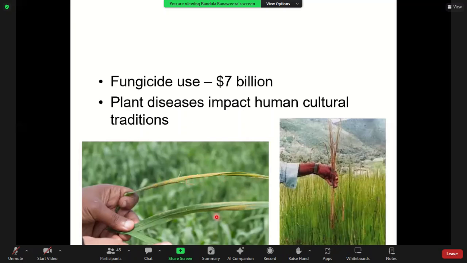When there is a disease like this available, then we have to change our cultural practices, crop maintenance practices. So because of that, we can say the agricultural or crop production techniques, cultural traditions of cultivation is changed.